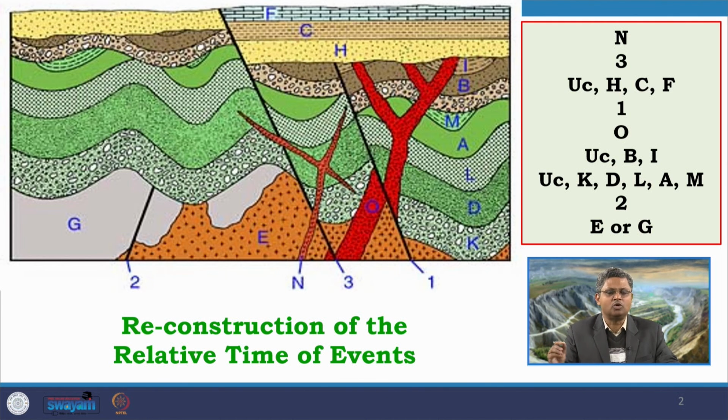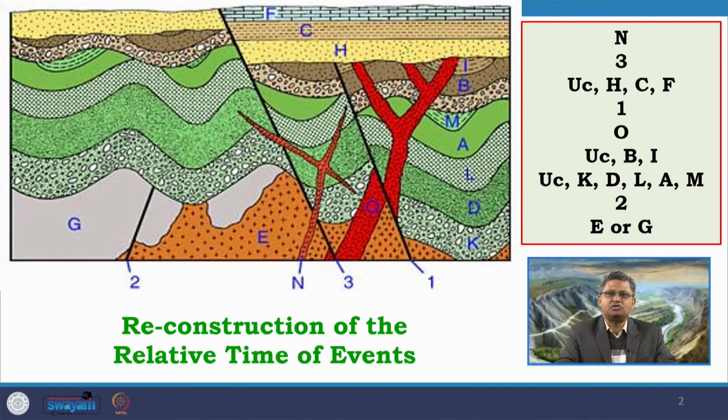We do not know the age of these rocks, or the age of emplacement of this particular igneous body. But what we can do is place one event or one rock body above another with respect to one another, based on their mutual relations that we can observe in this section.